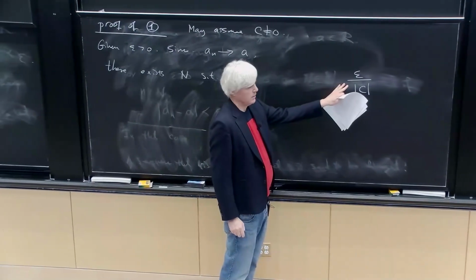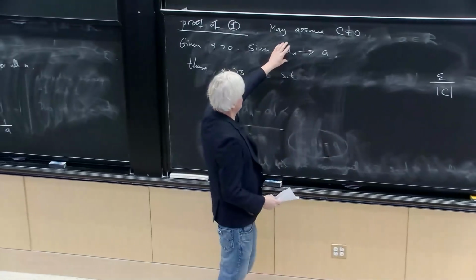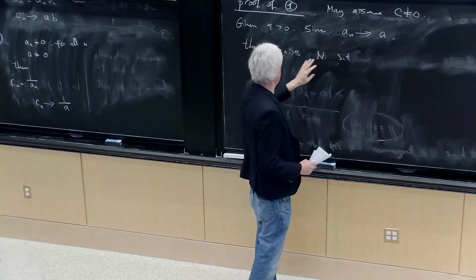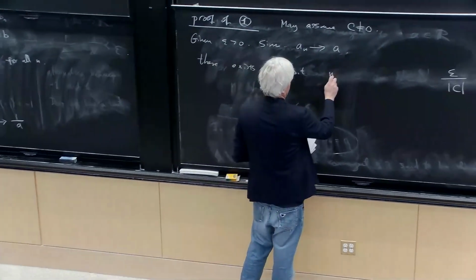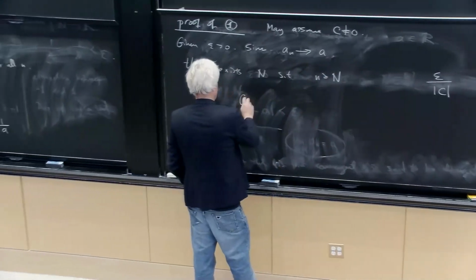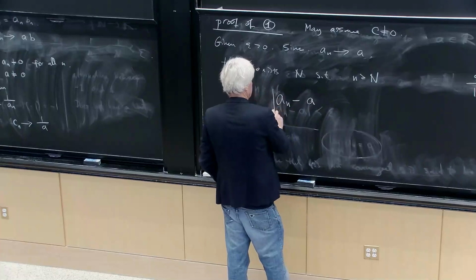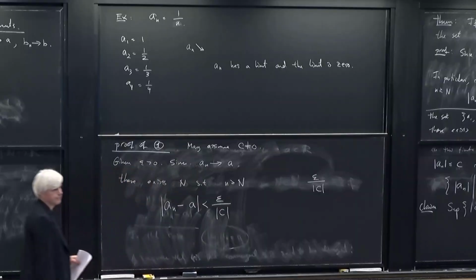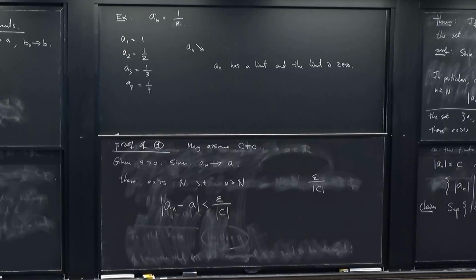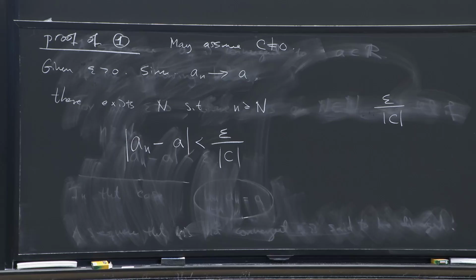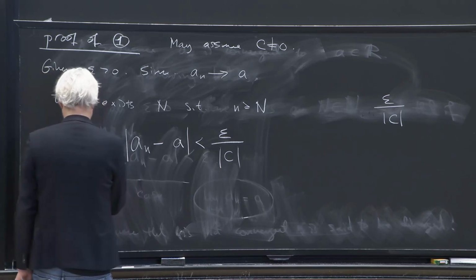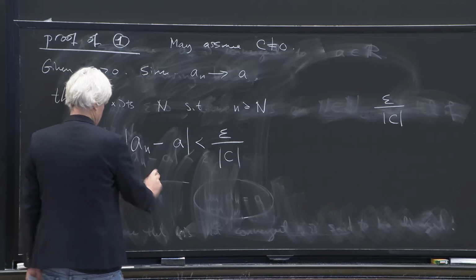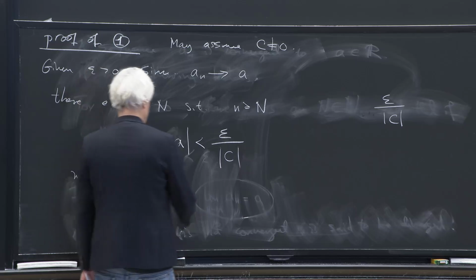That's a positive number, and I can use that in the definition that a_n converges to A. So because a_n converges to A, there exists a capital N such that if little n is bigger than this capital N, then |a_n minus A| is less than epsilon over the absolute value of capital C. But now I just multiply on both sides by the absolute value of capital C.